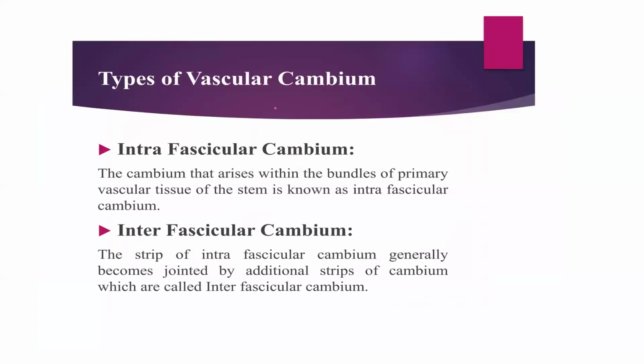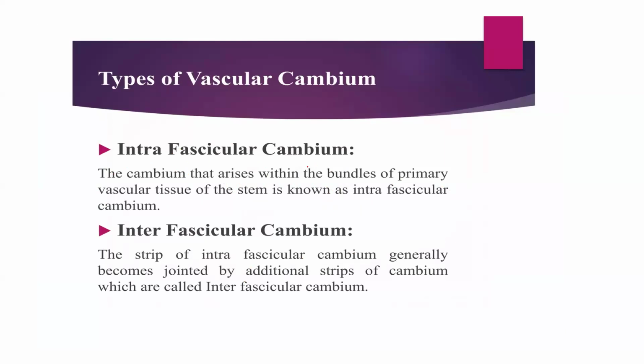Next is the types of vascular cambium. Based on position, two types of vascular cambium are present: intravascular cambium and intervascular cambium. Intravascular cambium is the cambium that arises within the bundle of the primary vascular tissue of the stem, that is, the cambium present between the xylem and phloem.